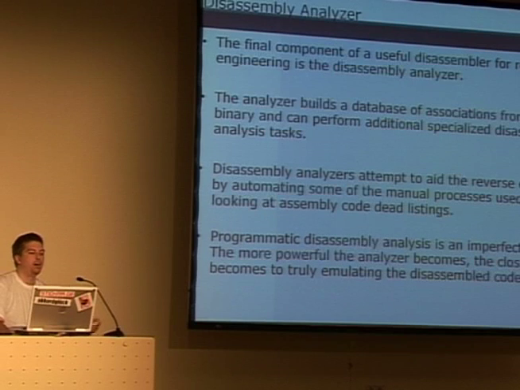It does this by parsing all the information and building a database, and then as it displays this to you, it'll continuously be doing lookups in its own database: is this a symbol that we know? If it is, maybe we should display the symbolic name rather than just the address. It's much more meaningful to us.